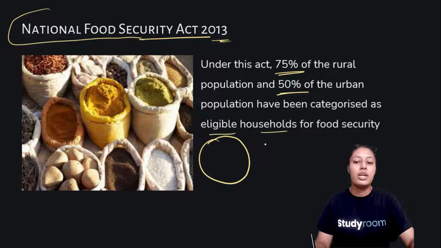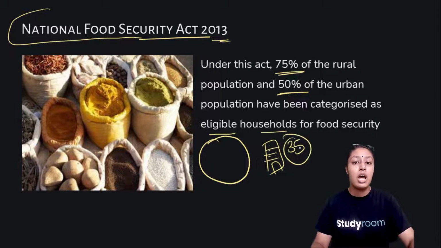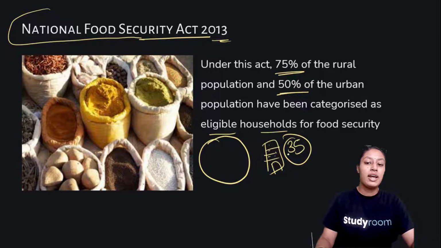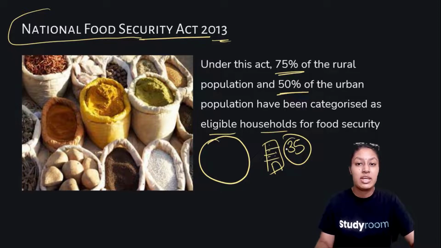Now, for example, if there is a colony, okay, let's see, this is a building, and in this building, almost 35 people live. How do you identify that these 35 people living in here do not require food security, right?